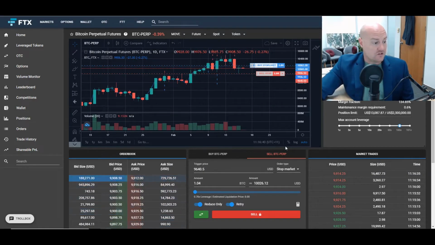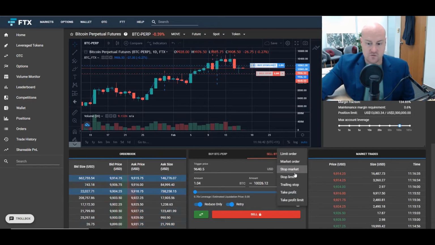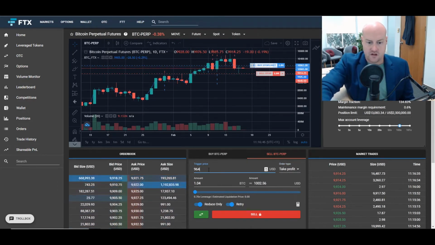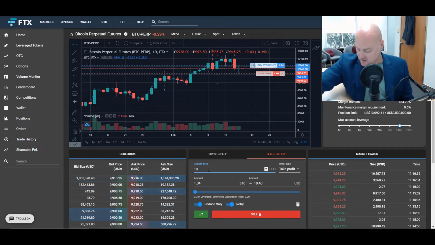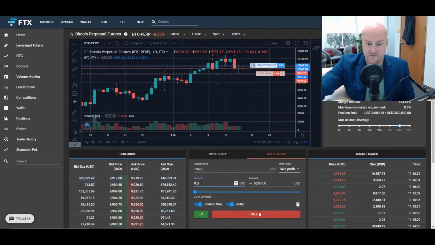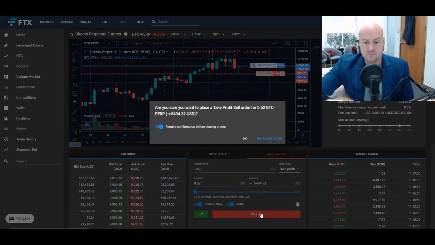The order type is pretty straightforward. This one is just take profit. So what I'm going to do here is put in my take profit price, 10,566. It's again a reduce only, and I'm going to put in 0.52. Okay, I hit sell here, boom.